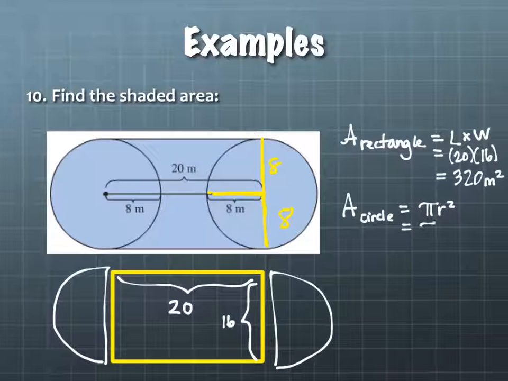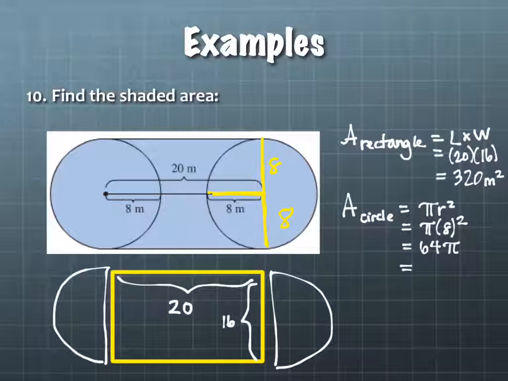All right, let's do the area of the circle, pi r squared. What's the radius? 8. And then we're squaring it. So before we multiply by pi, it's 64 pi, right? So what is 64 pi? We'll use 2 decimals just because there's nothing else told to us, so it is an approximation. 201.06 meters squared.